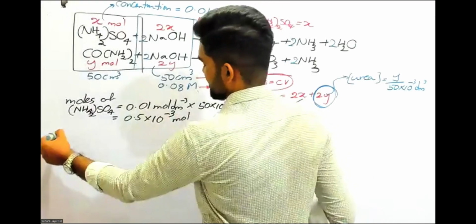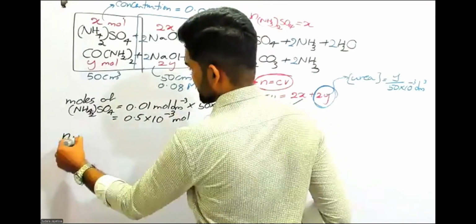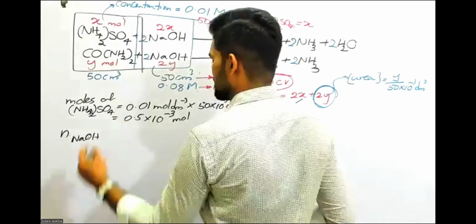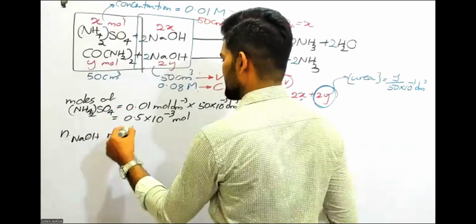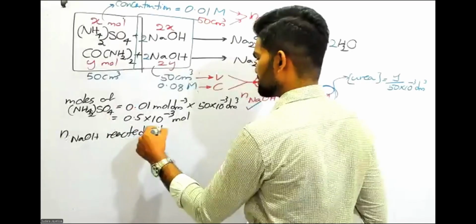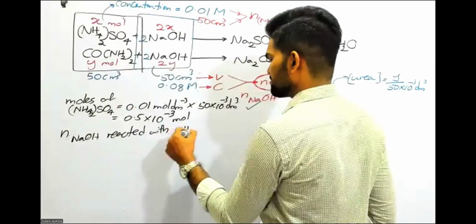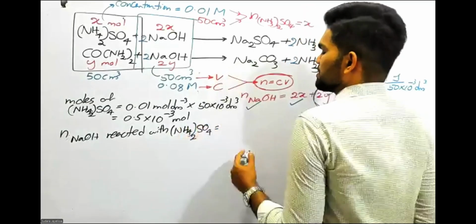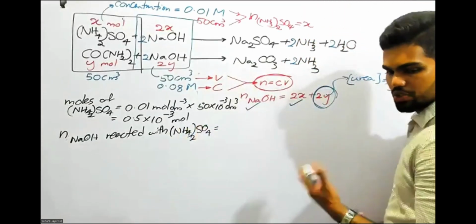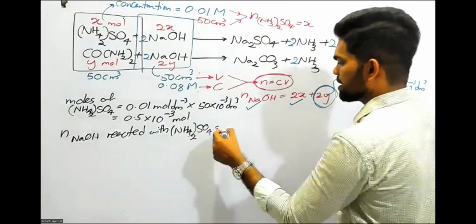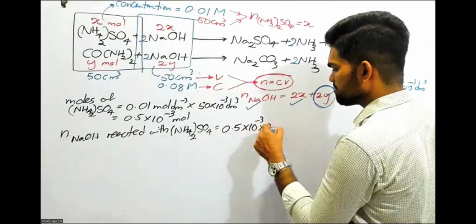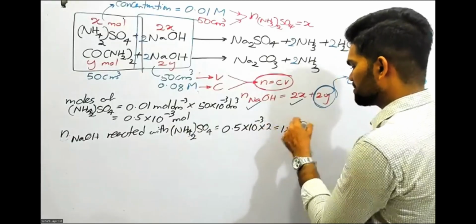So then we can say moles of sodium hydroxide. We can put the symbol M to indicate that moles. Moles of sodium hydroxide reacted with ammonium sulfate. So since the molar ratio is 1:2, you can say we have to multiply this one by 2. So it's 1 into 10 to the power minus 3.